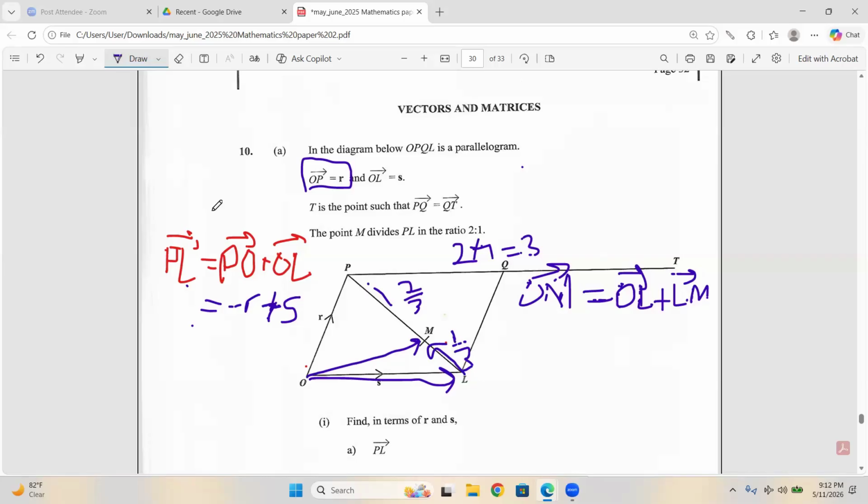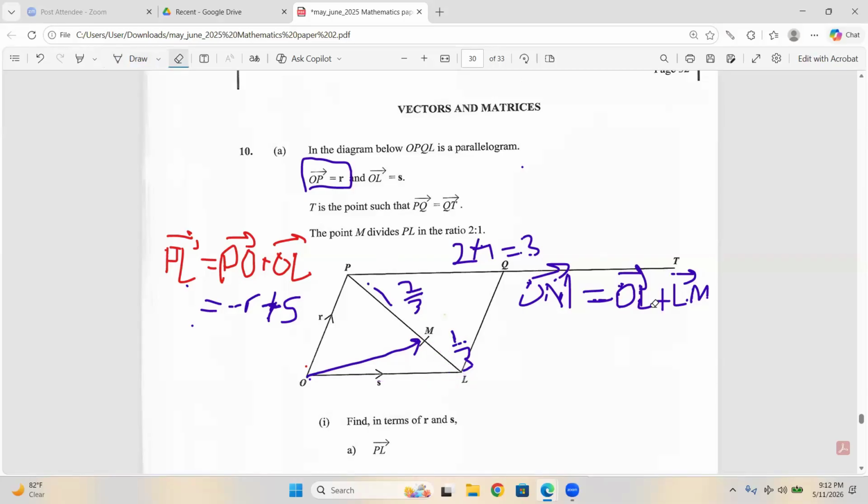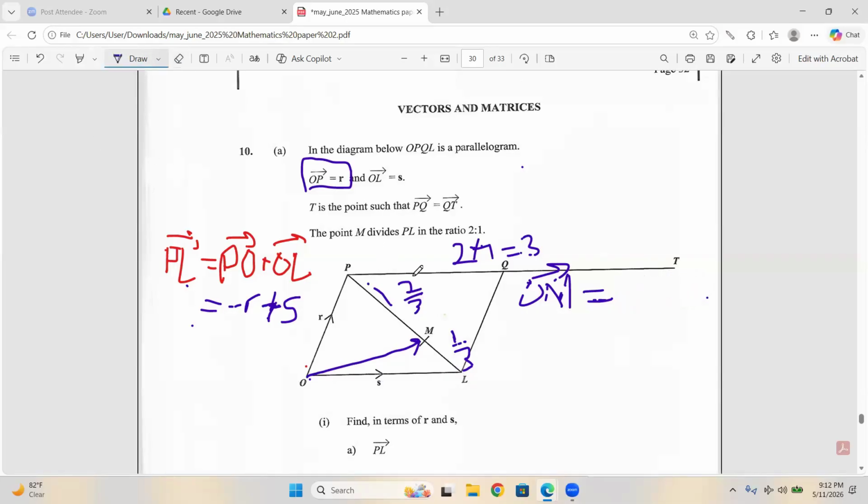Let me see if I should. What if we go from PL? If I go from L to M, I can still figure it out, but I have to use opposite vectors, and I don't want to forget. So I'm changing my equation, but we can still use the other one; it would just be an extra step. The main reason I change it is that we go from P to L, where the vector starts from P and ends at L, so I wouldn't have to find an opposite vector.